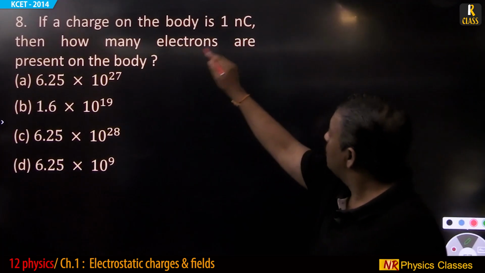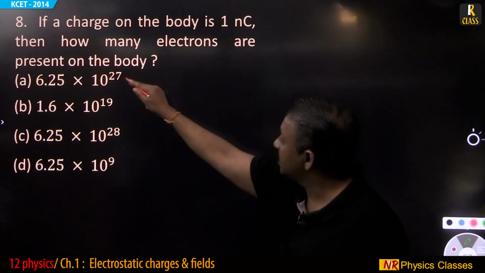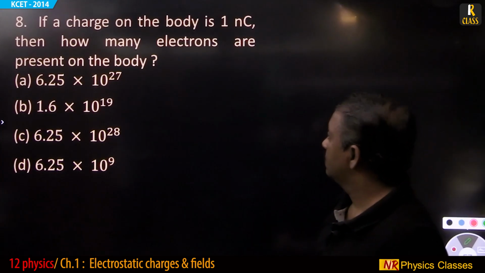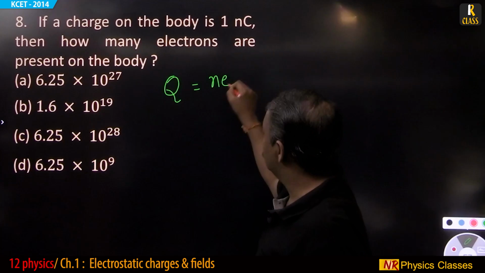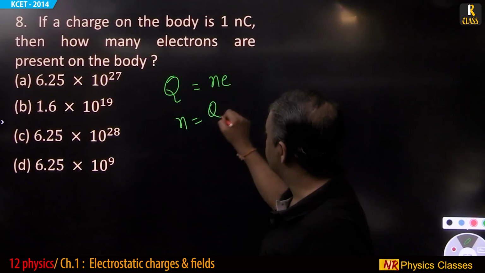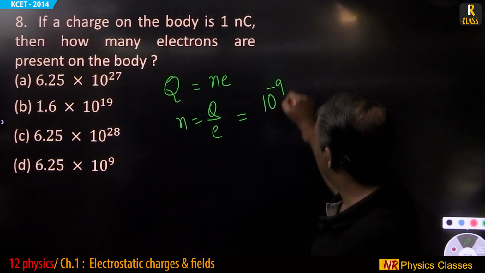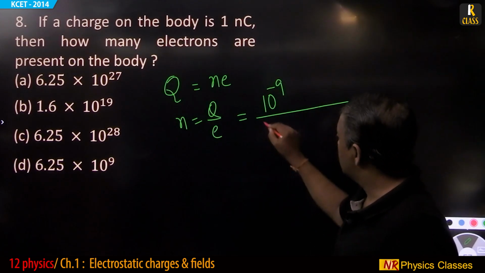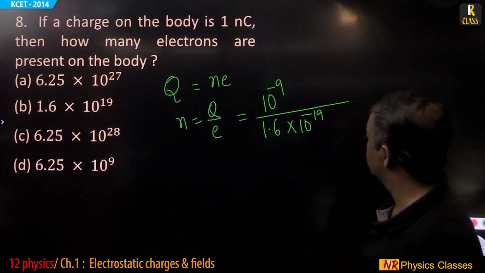If the charge on a body is 1 nanocoulomb, then how many electrons are present in the body? Quantization of charge: Q equals N into E, so N is Q by E. Charge is 1 nano, 10 to the power of minus 9. Magnitude of charge of electron is 1.6 into 10 to the power of minus 19.